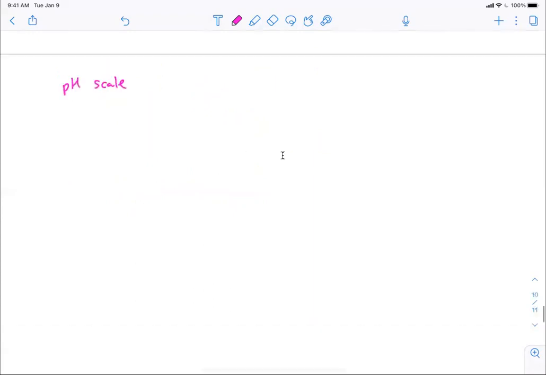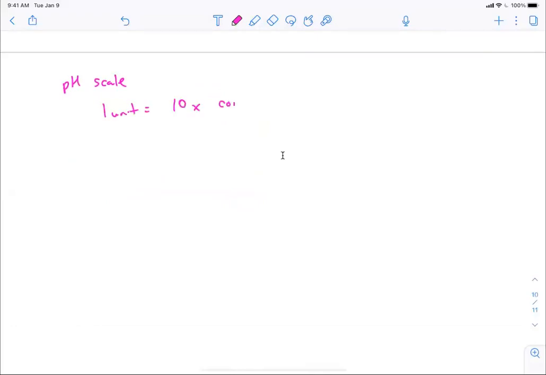pH scale, okay? 1 unit of the pH scale equals 10 times concentration.